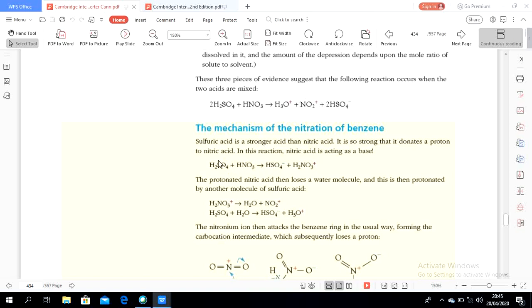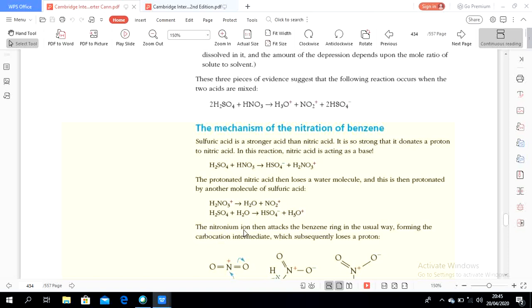When it reacts, it's like this. The protonated nitric acid then loses a water molecule, is then protonated by another molecule of sulfuric acid, and then it becomes like this, so combined.